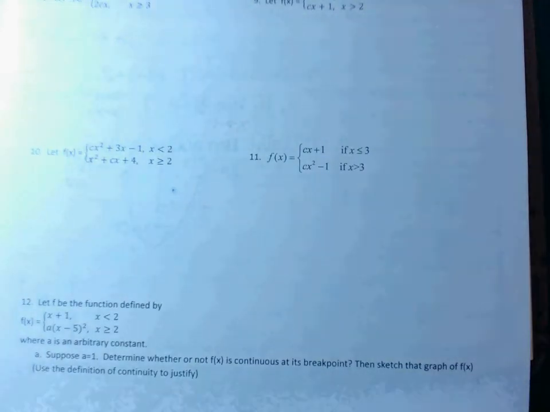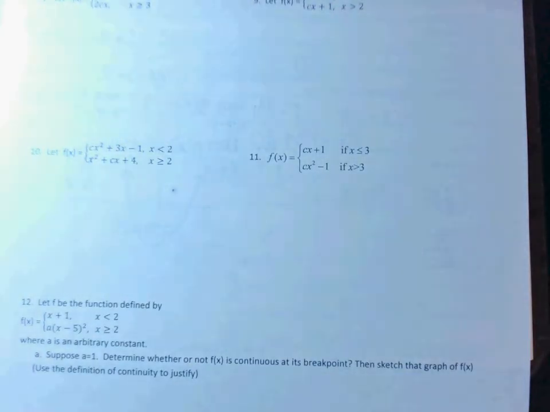Anybody have an answer for 10? What is it? 3 over 2. Isn't it 3 over 2? Yeah. And if you need help, raise your hand. Or ask somebody next to you, okay? So once you get number 10, I want you reading through number 12.